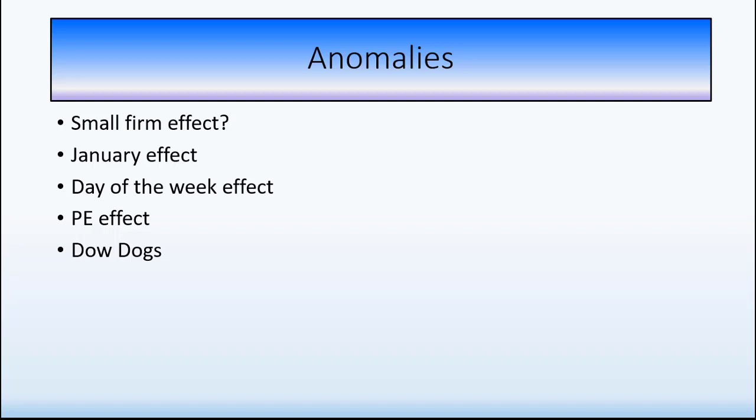The PE, well, everybody can estimate a PE. They're everywhere. So why do these anomalies happen if all that information is out there? Well, that's why they're listed as anomalies. They kind of don't make sense. These patterns exist, but they're not set in stone. Sometimes the January effect doesn't show up. Sometimes the small firm effect is gone for a decade.